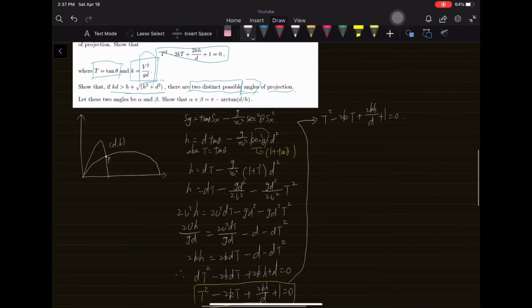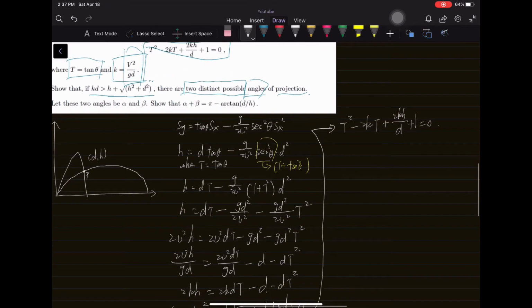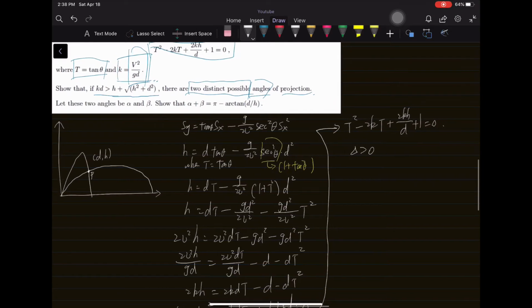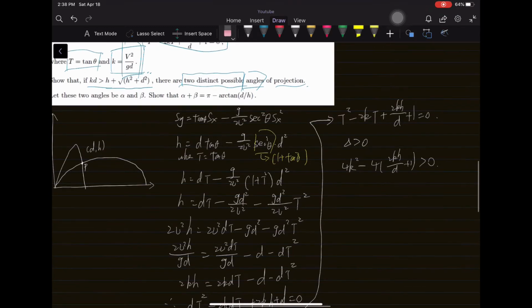If we want two distinct possible angles, we must see that the delta must be greater than 0. So 4k squared minus 4 times (2kh over d plus 1) has to be bigger than 0.